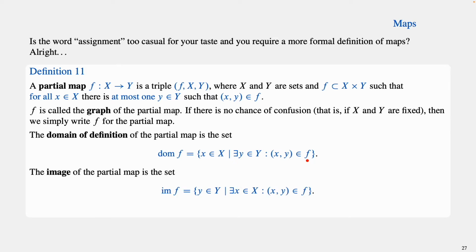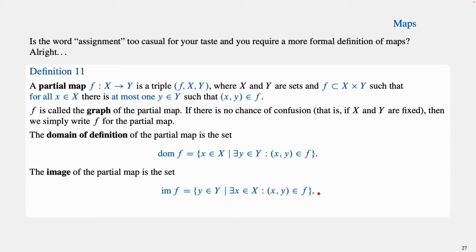The image of the partial map is the set im f, which consists of all elements y in the output set, such that there exists some element x in the input set, such that the pair (x, y) is contained in the graph of our partial map.